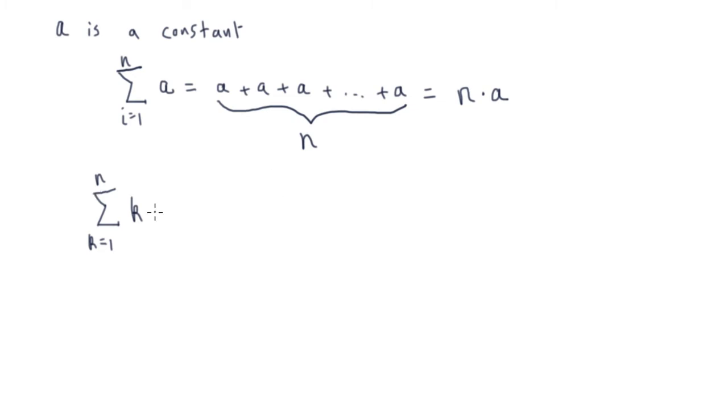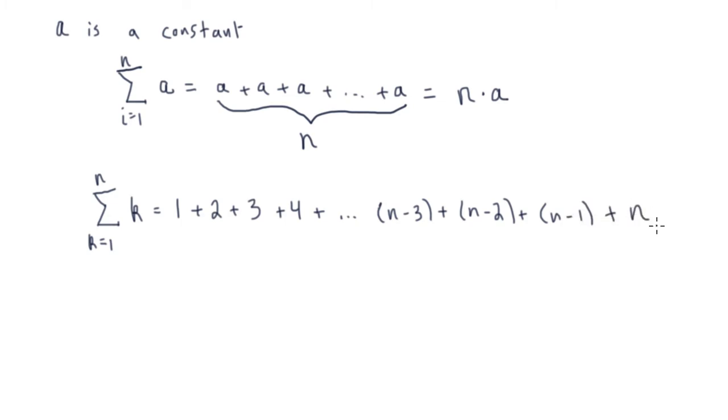So just to remind you, this is really 1 plus 2 plus 3 plus 4 plus, keep going, and then we'll have n minus 3 plus n minus 2 plus n minus 1 plus n. Of course, if n were 100, I'm skipping the middle terms, but this is the idea.